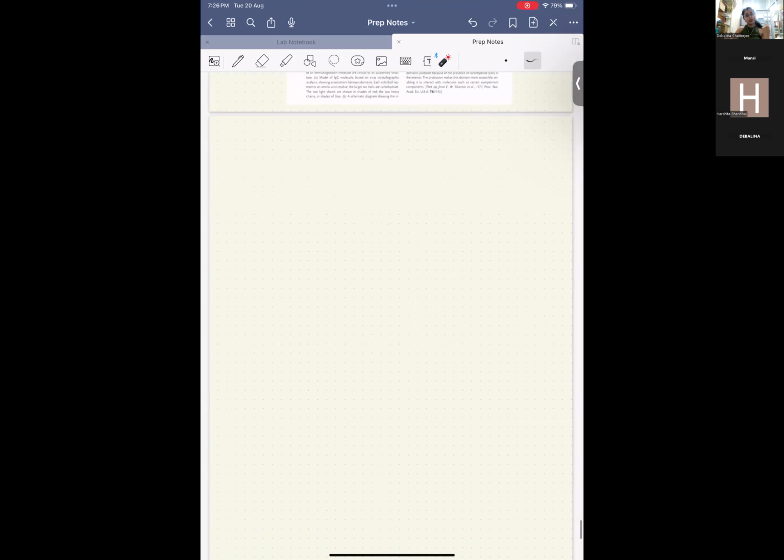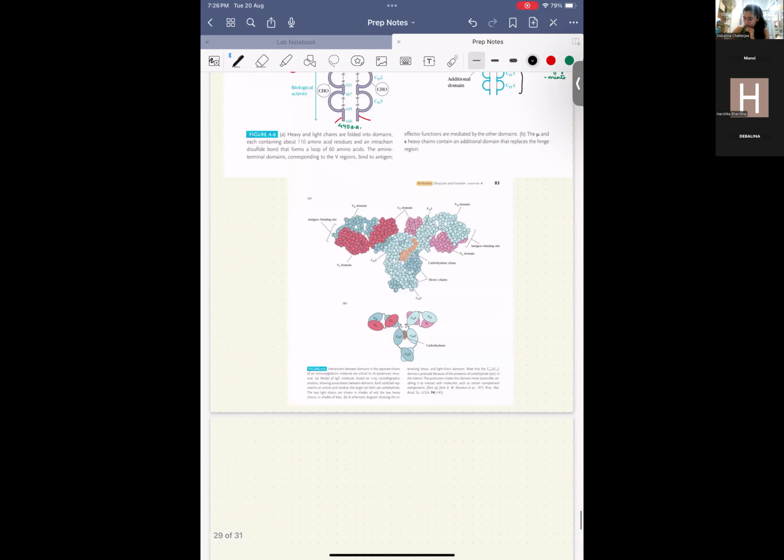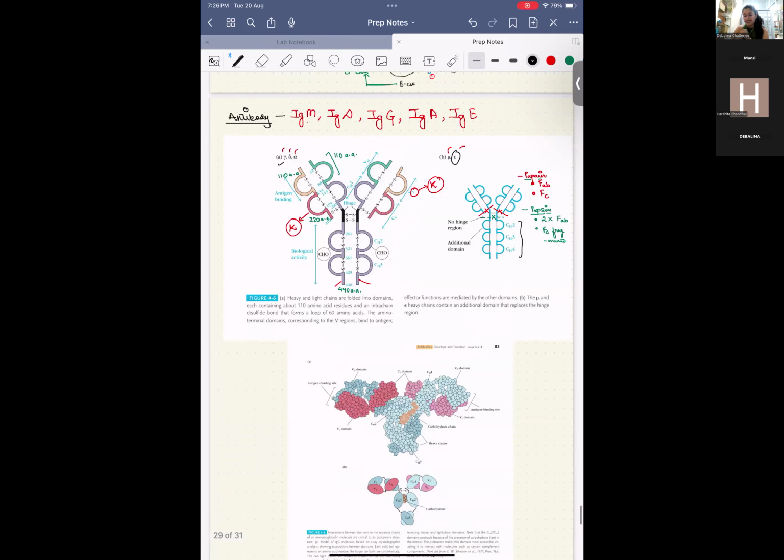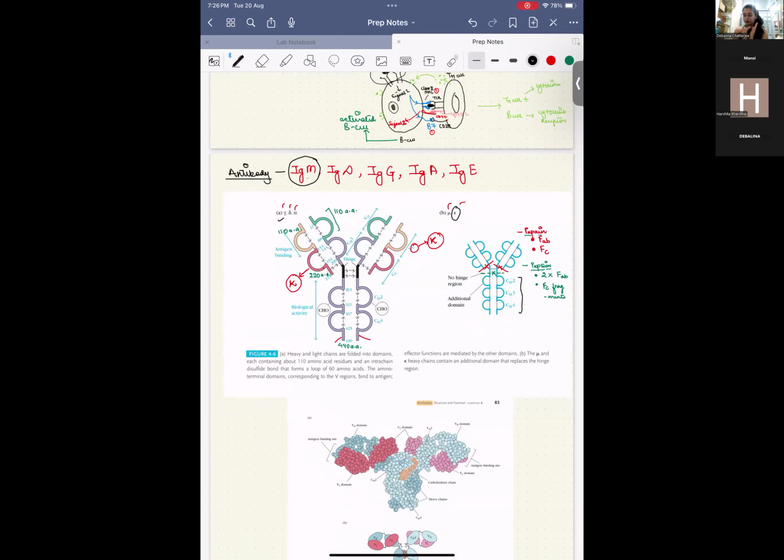But when it comes into the circulation, we have two antibodies that have the ability to form secondary association with similar antibody of its own type.